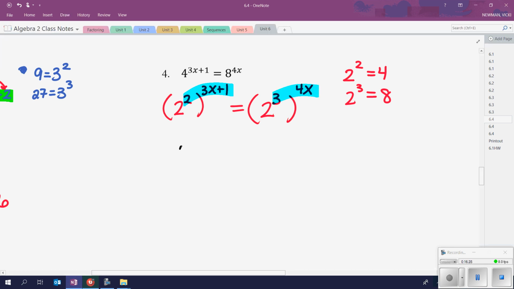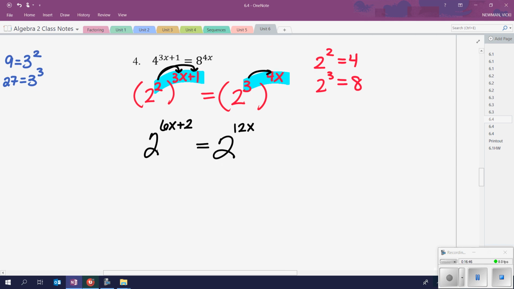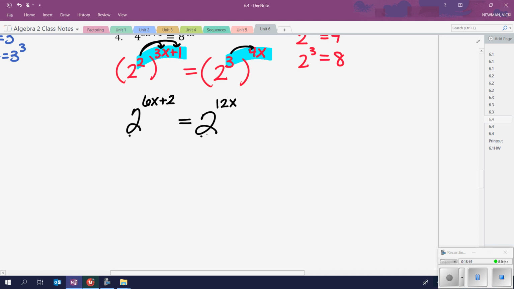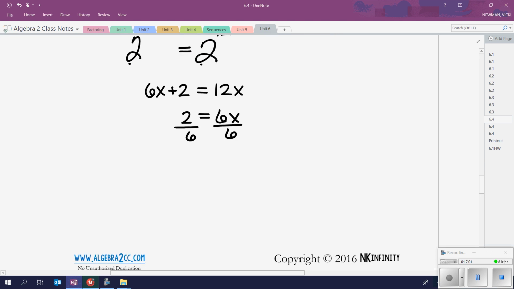So let's see, 2 raised to the 6x plus 2 is equal to base 2 raised to the 12x. If two things are equal and they have equal bases, we can set the exponents equal. 2 is equal to 6x, divide by 6. 1/3 is equal to x.